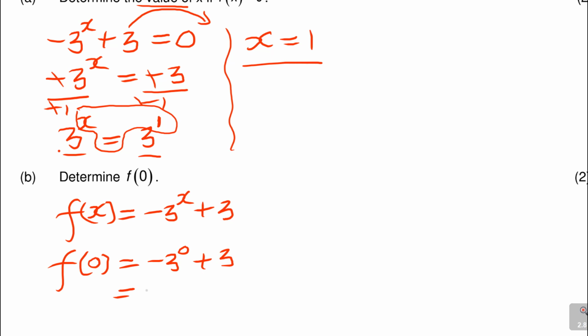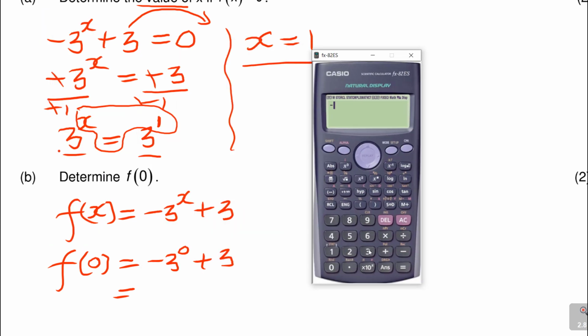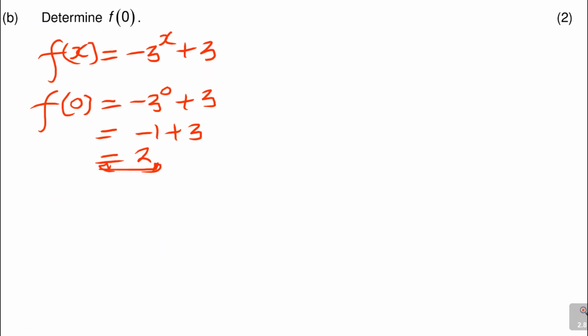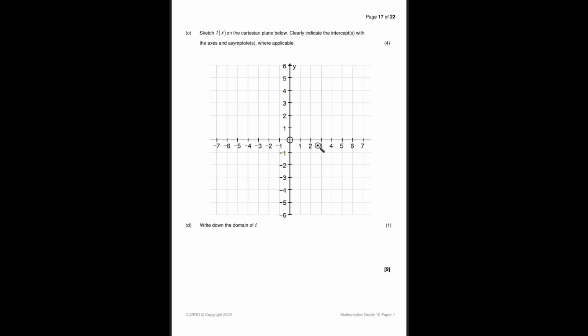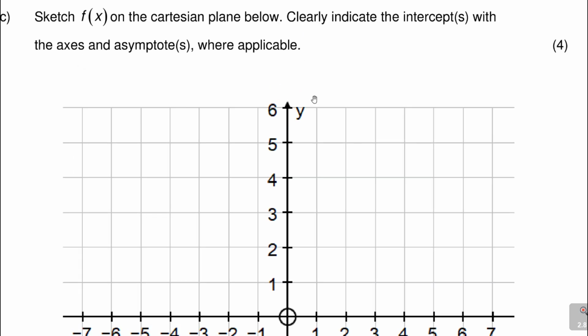You can use a calculator there so that you don't get confused. What do you get? It's 2, because this is minus 1 plus 3, which is equal to 2. Are you with me? I thought it was going to be 1 mark, because there are some questions where the working part is 1 mark.